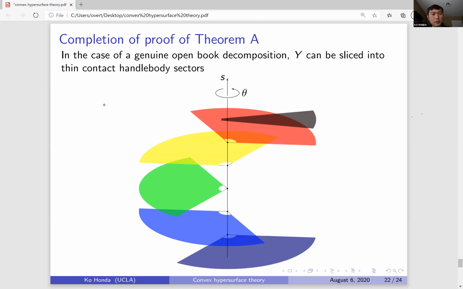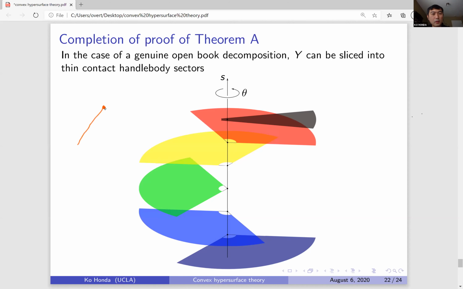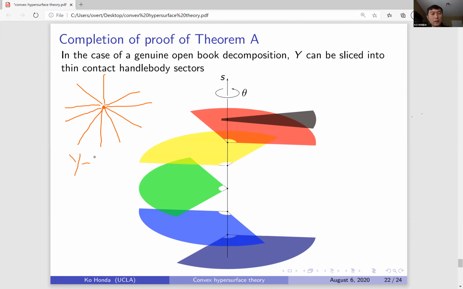The schematic picture of an open book decomposition is the following. You have M, your manifold, maybe it's called Y. And then you take away this thing called the binding, which is the point in the middle, which is a contact submanifold.